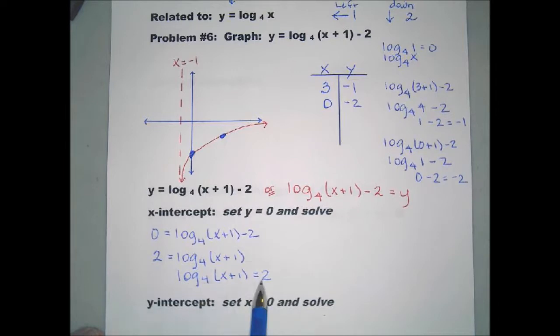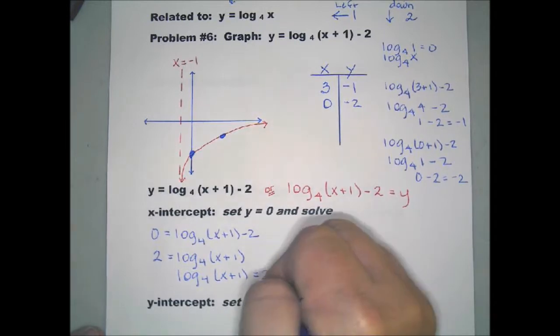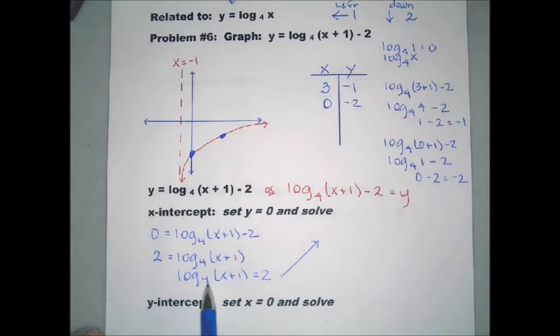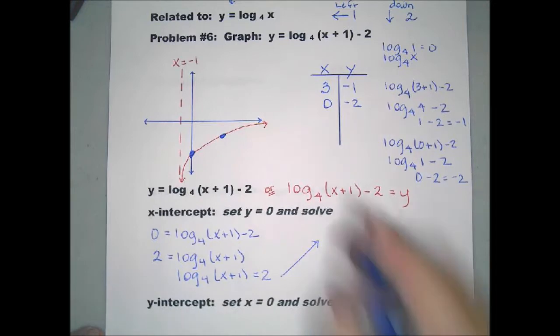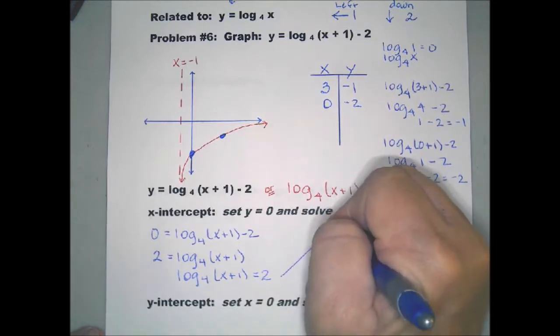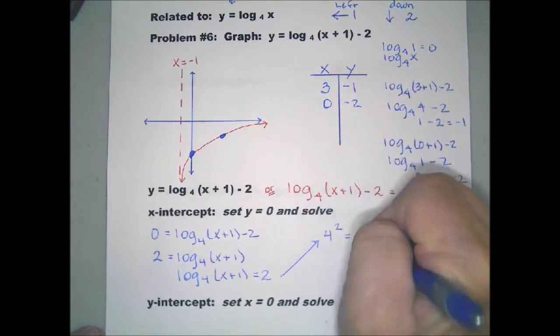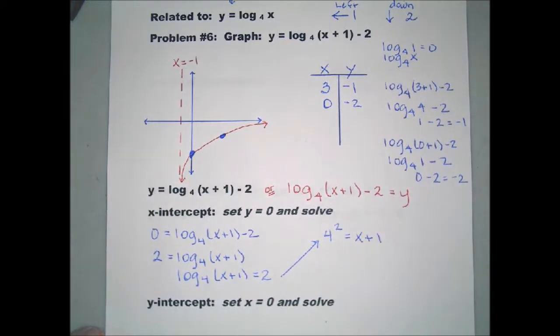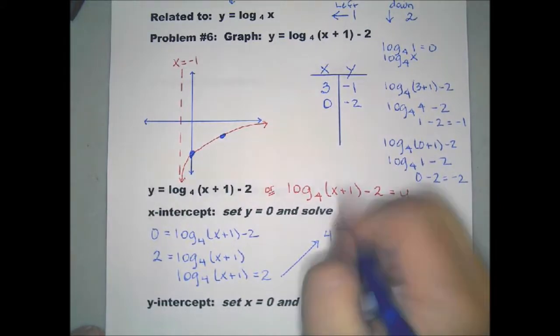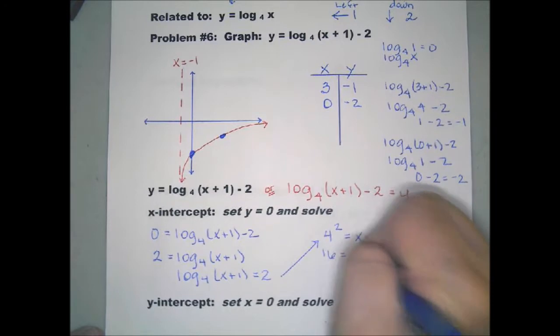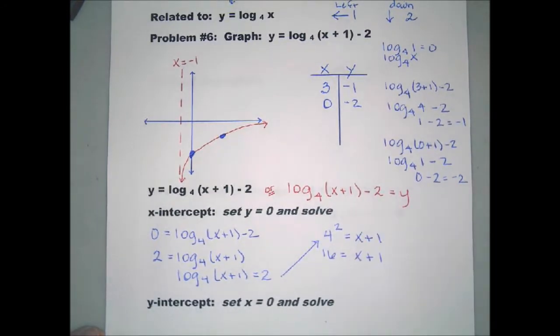The way you solve it is you go out of log and into exponential. You've done this dozens of times. So the next step for this one in exponential form would be 4 squared equals x plus 1. So 16 equals x plus 1.